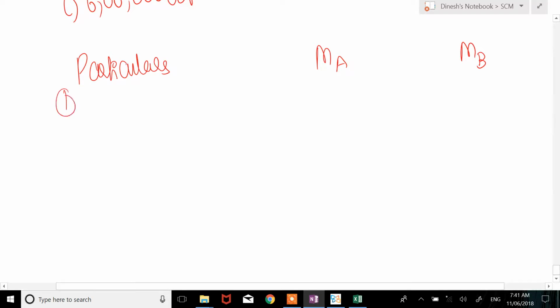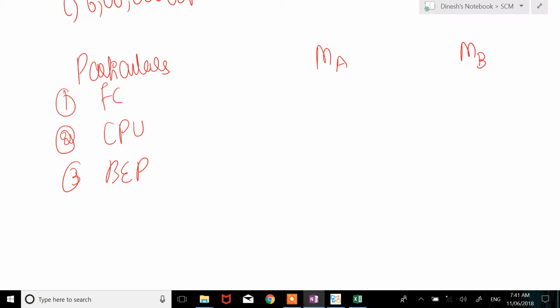I'll first calculate BEP: fixed cost, contribution per unit, and BEP. Everything is available with you.